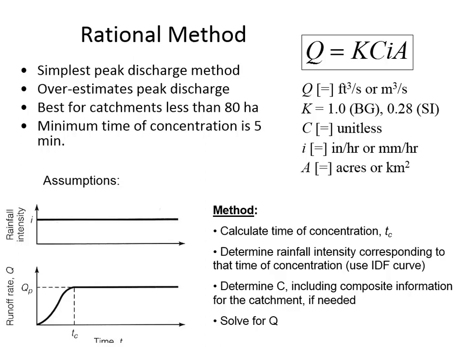And of that 0.2 acres, it looks like 40% is impervious due to the roof, 20% is impervious due to the concrete walkway, and the remainder is grass. You just do a quick breakdown of it. And so you'll come up with a weighted C value when you're doing the project. And that's what this step is referring to. And then solve for the flow rate using the rational method.